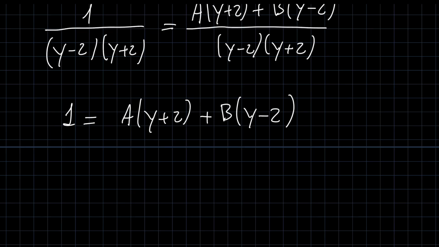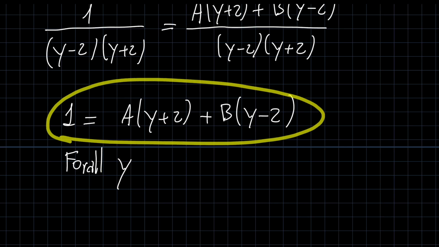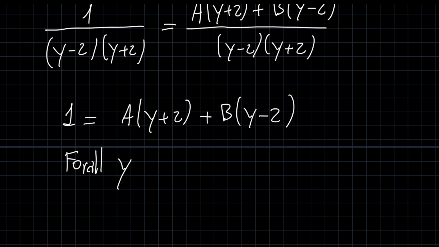And this has to be true for all y. In particular, it means that it has to be true for some specific values of y. And the idea now is that we can pick specific values for our variable y, so that this expression becomes particularly simple and we can then obtain a and b.